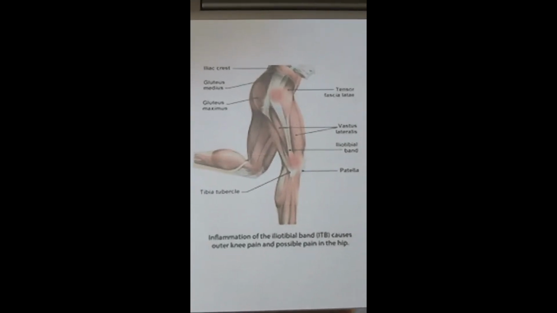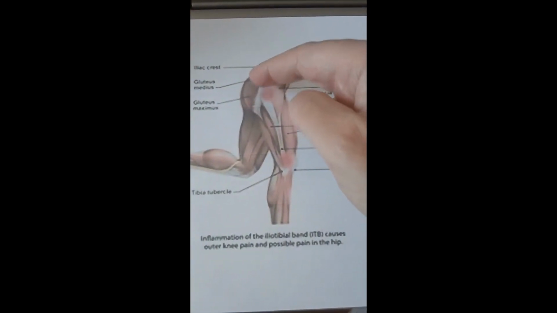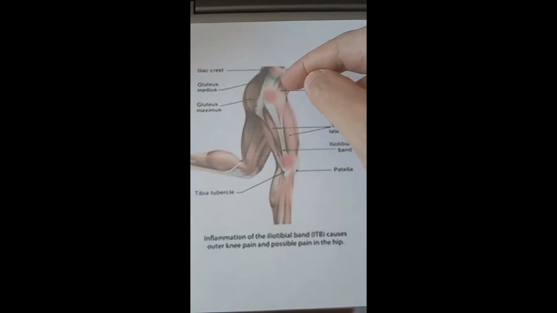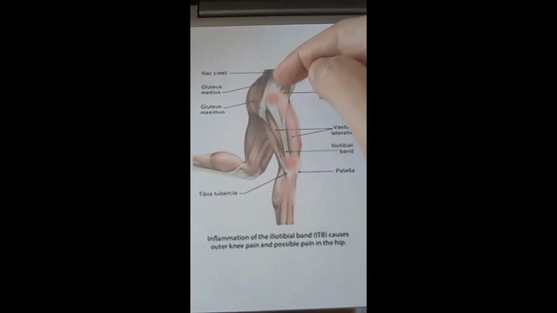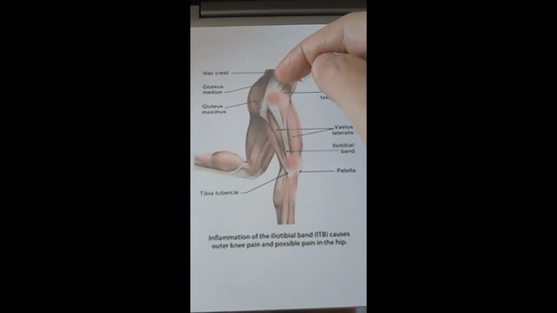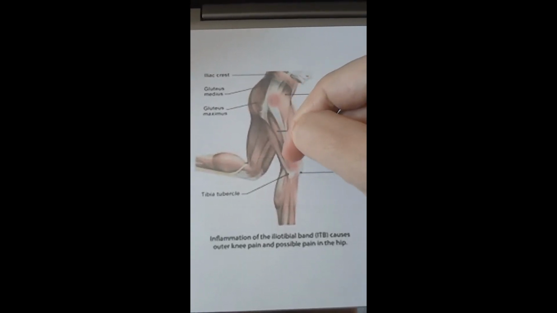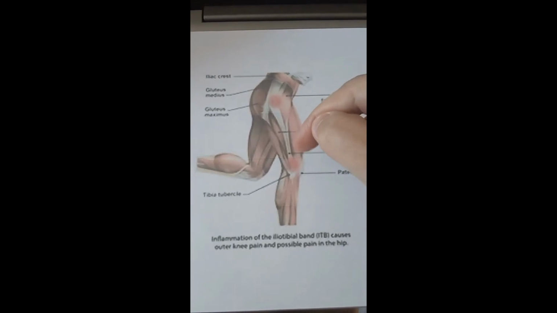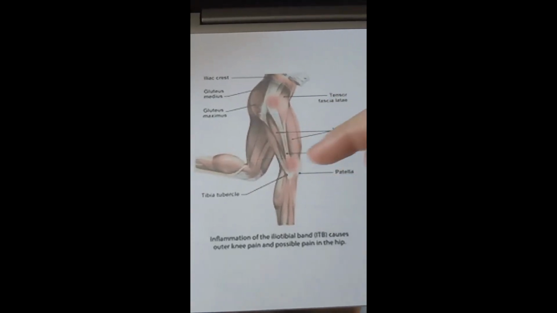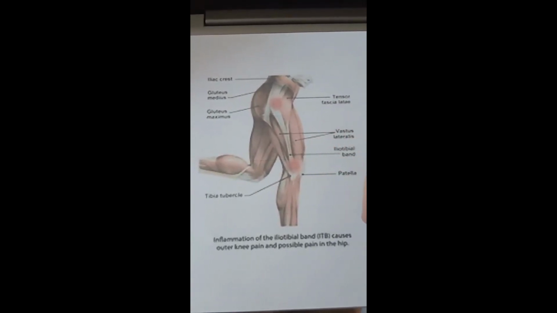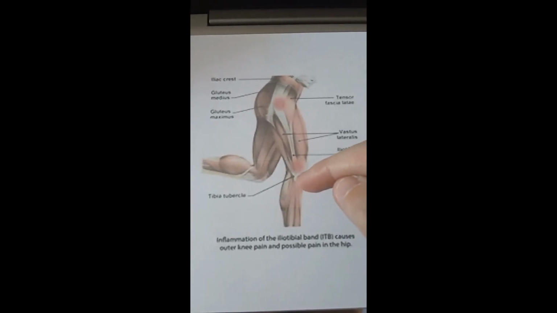You can see here we've got the gluteal muscles and the TFL, with the top of the IT band inserting around the pelvis on that outer hip, and it comes all the way down the outer thigh. You've got the vastus lateralis either side here, which is one of the quad muscles, coming down to the knee, and attaching on the top of that tibia or shin bone.